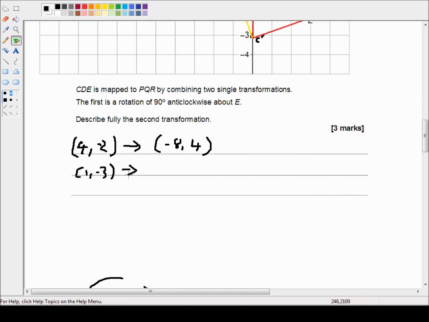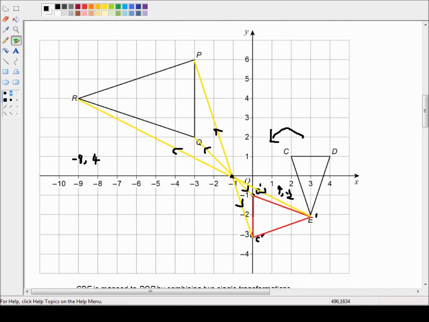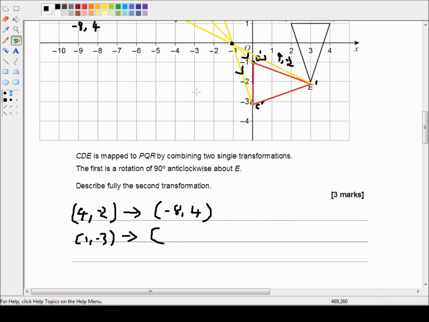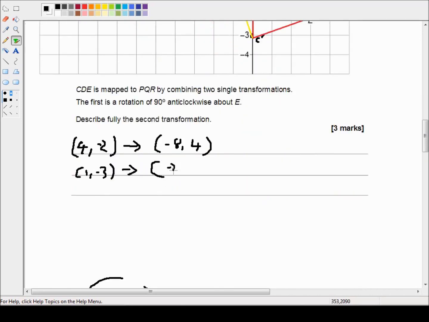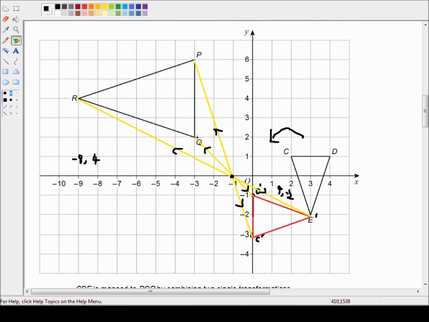That has mapped to negative 2, comma 6. So again, to get from 1 to negative 2, we're multiplying by negative 2, and negative 3 times negative 2 is positive 6. And let's just triple confirm it by going for this Q to D.